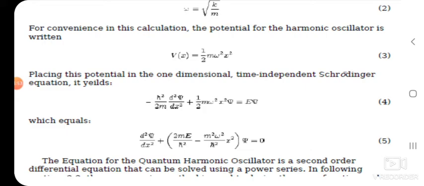It is simply H psi is equal to E psi. H is the Hamiltonian operator, which can be written as minus h cross square by 2m dou square by dou x square plus V. We are substituting the value of V is equal to 1/2 m omega square x square, so 1/2 m omega square x square psi is equal to E psi.